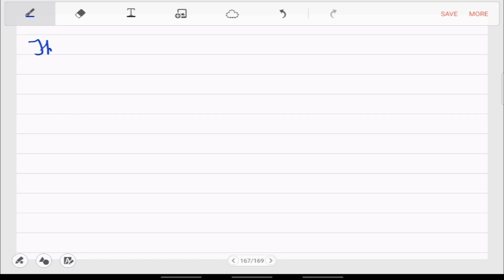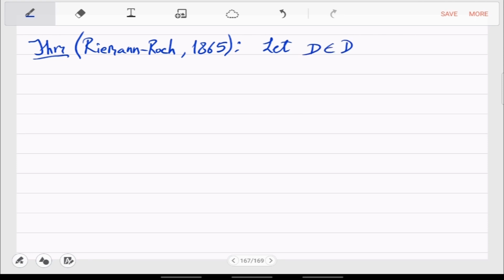But at least we can now finish Riemann-Roch. Let's state it again. Let D be an arbitrary divisor that we wanted to study, and W be this new thing we have defined, a divisor in the canonical class.